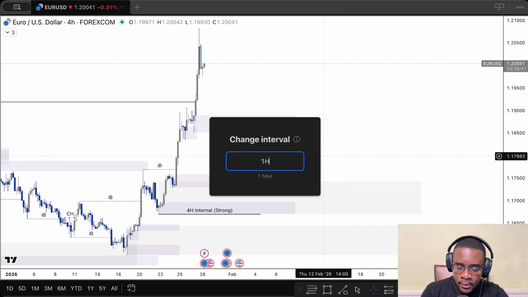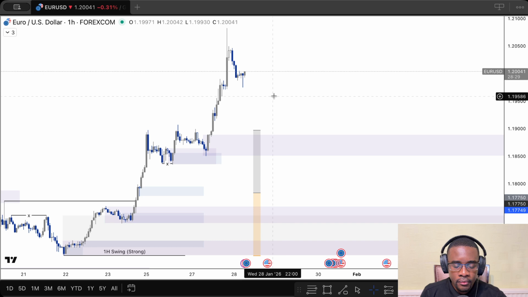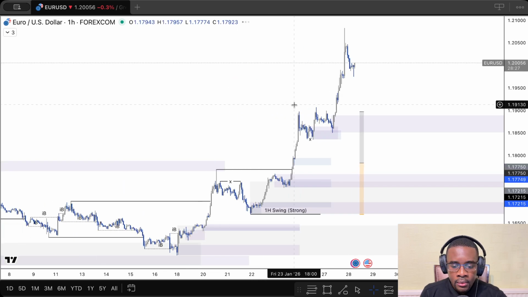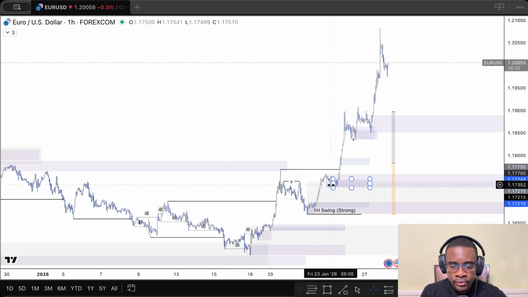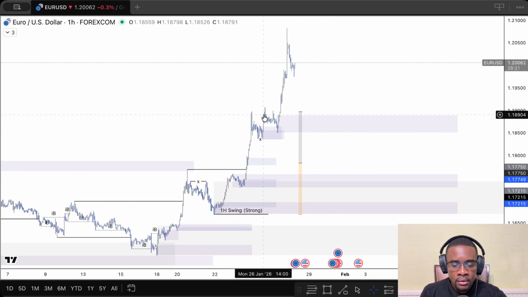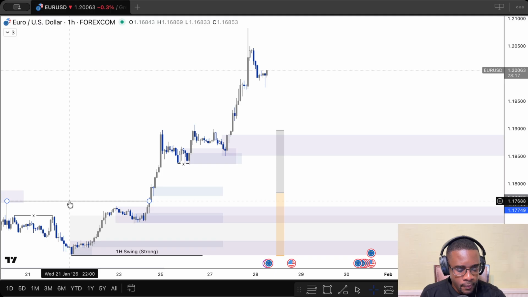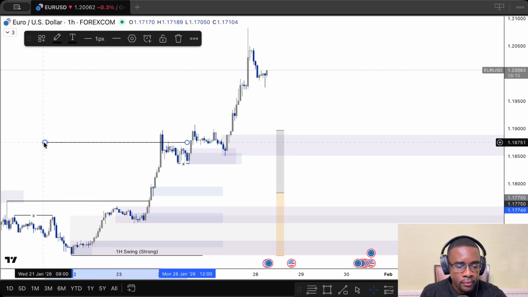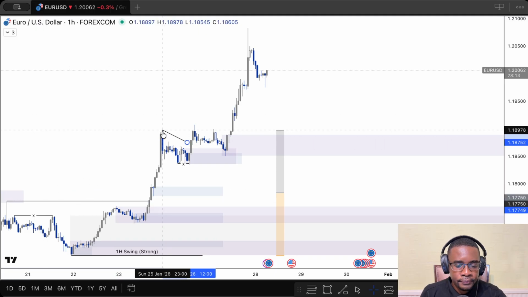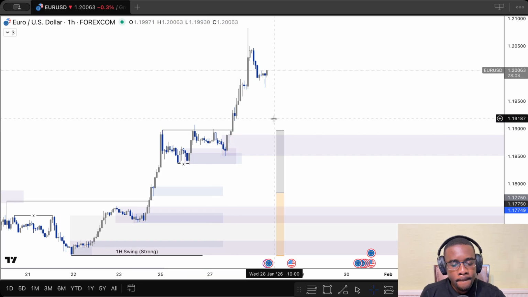So on the 1 hour, we have had a break of structure with a push up, and then a pullback, and then we've had another break of structure right there.